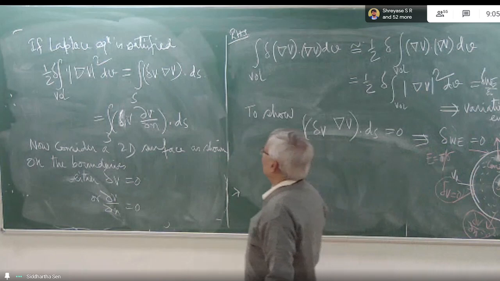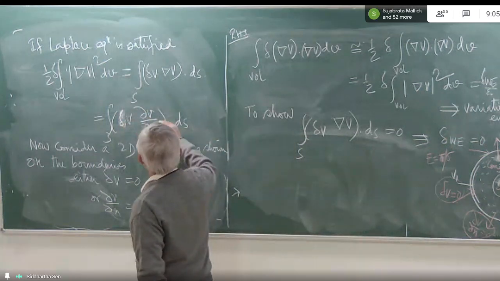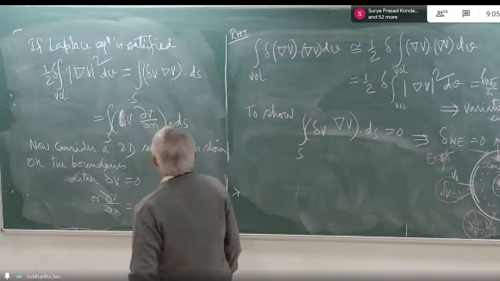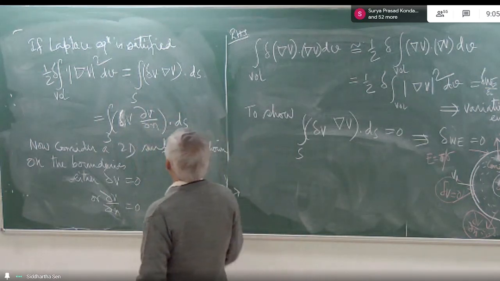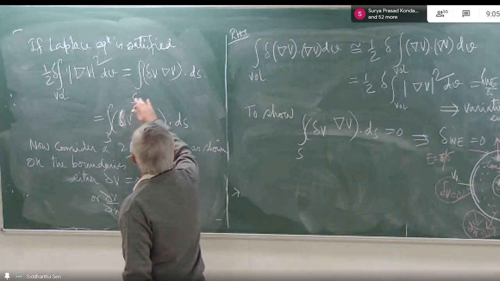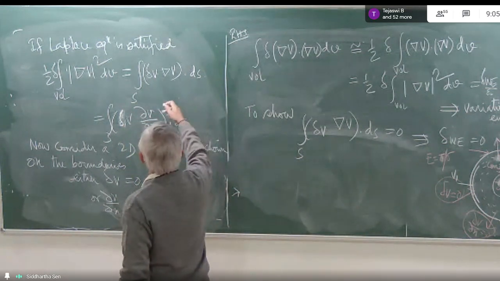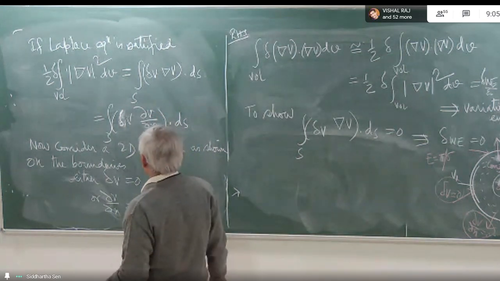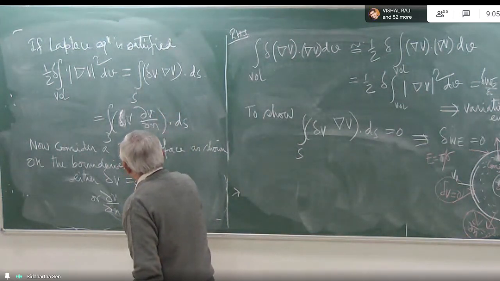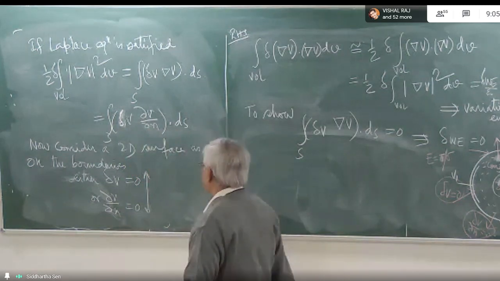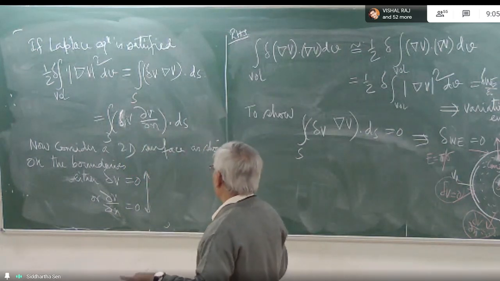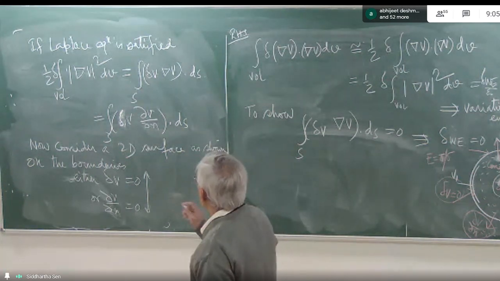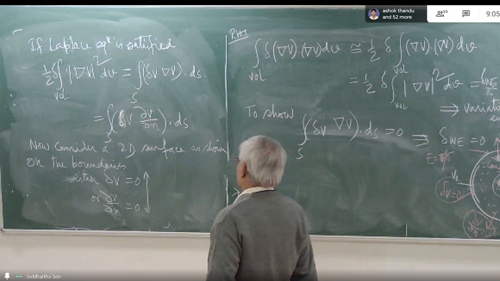So you define the surface, breaking it into two portions. One is where voltage is defined, where delta V equal to 0, or where the surface is insulated, where del V del N equal to 0. Because we know that over the boundaries, either V or del V del N should be specified, naturally then only we will have a unique solution.